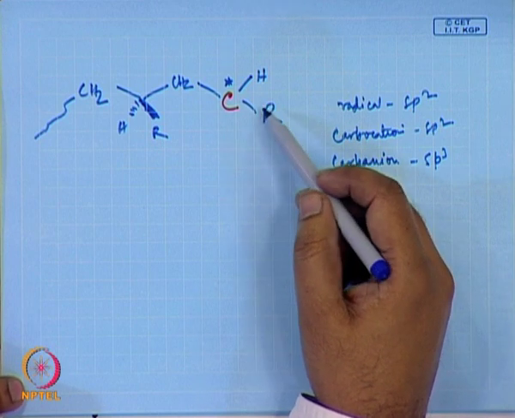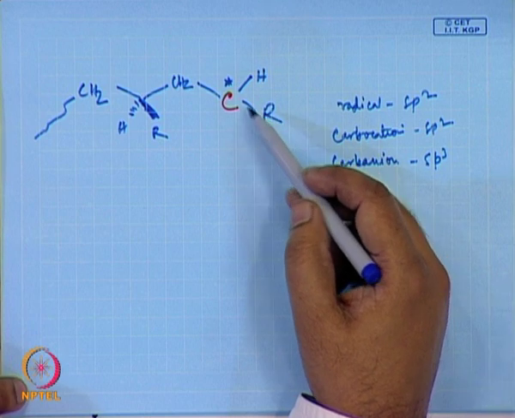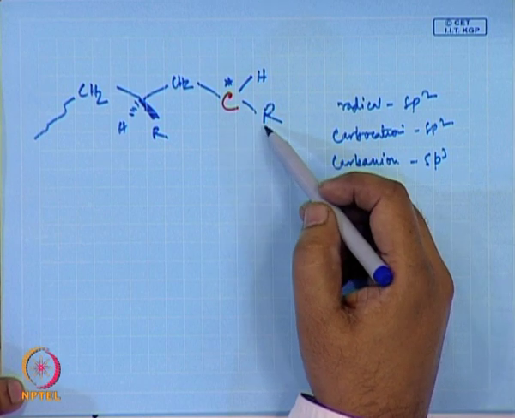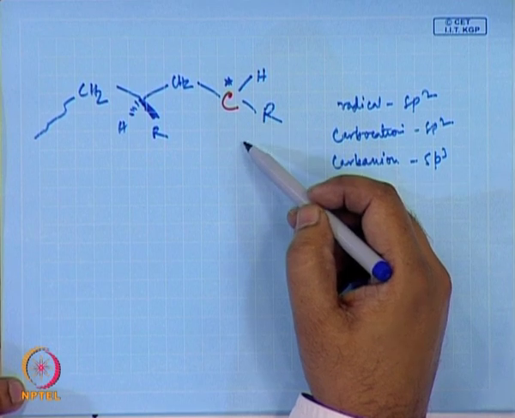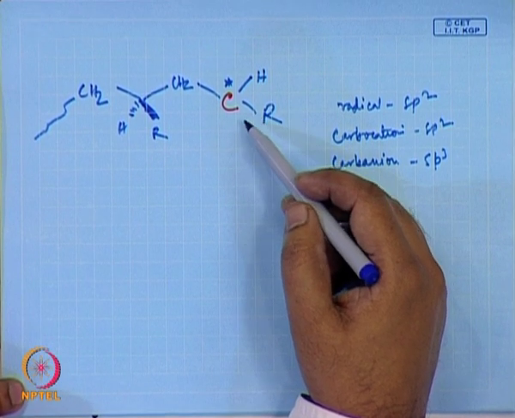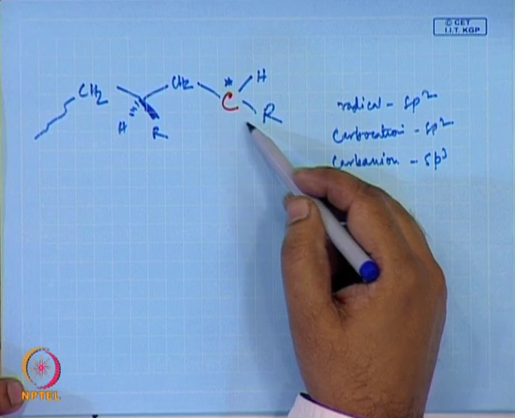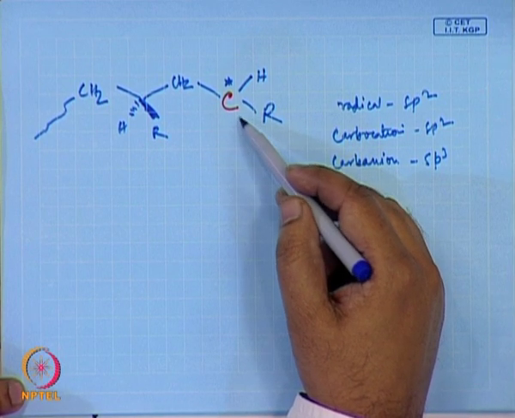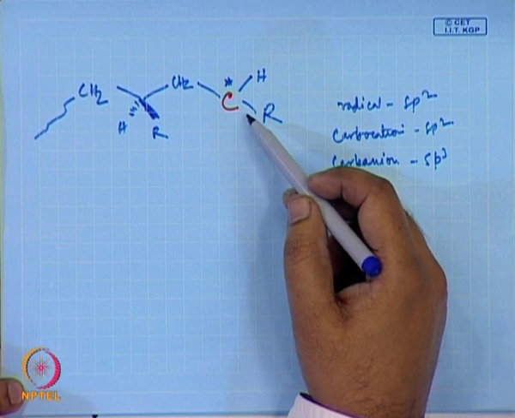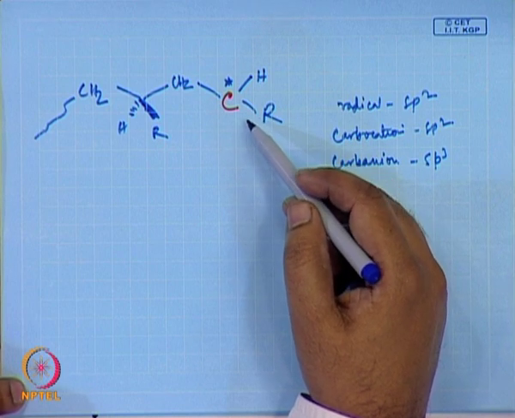Now, we know the monomers which undergo anionic polymerization get stabilized by resonance with this substituent.